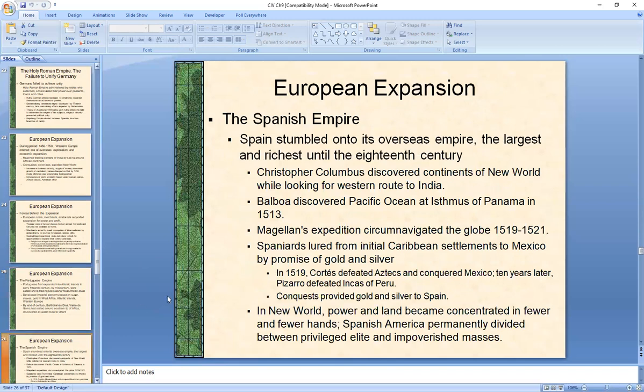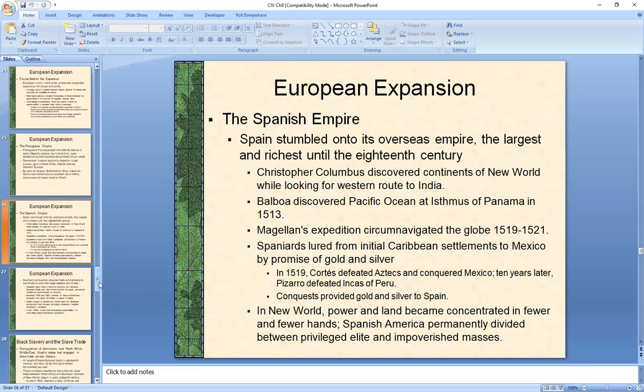Back to Spain a little bit. Spain stumbled onto its overseas empire, which was the largest and richest until the 18th century. Columbus discovered the continents of the New World while looking for a western route to India. Balboa discovered the Pacific Ocean at the Isthmus of Panama in 1513.